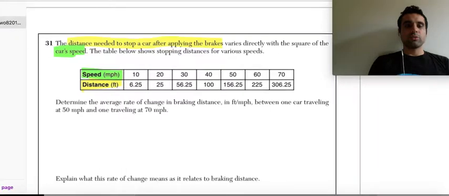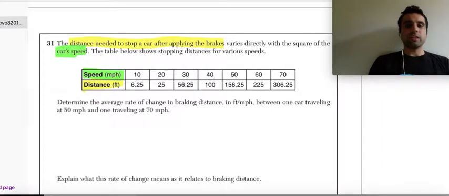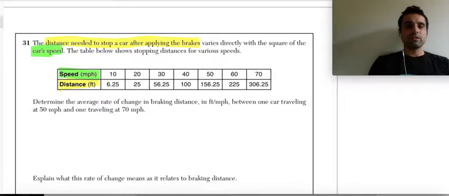Okay, so the table below shows stopping distance, that's right here in feet, for various speeds in miles per hour. As we see, the speeds are just going up by 10 miles per hour each time: 10, 20, 30, 40, 50, 60, 70. And then the distance is also increasing.